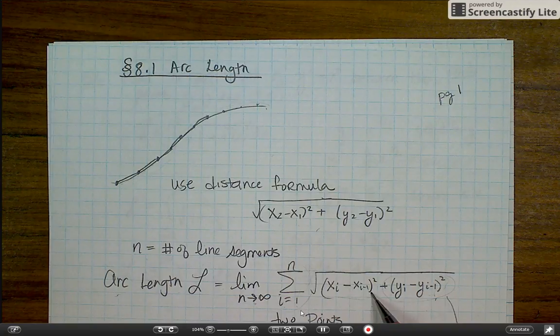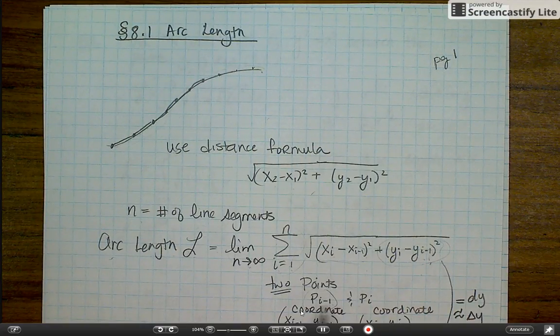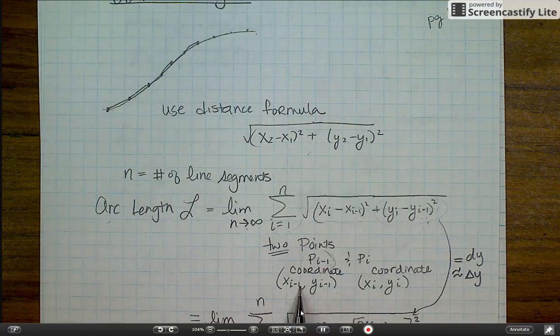So this is my change in x, this is my change in y. If I say i equal to 1, this x, minus then the previous point. Here's y, and then minus the y of the previous point. So here are my 2 points. My first point is i minus 1, and these are the coordinates of i minus 1.